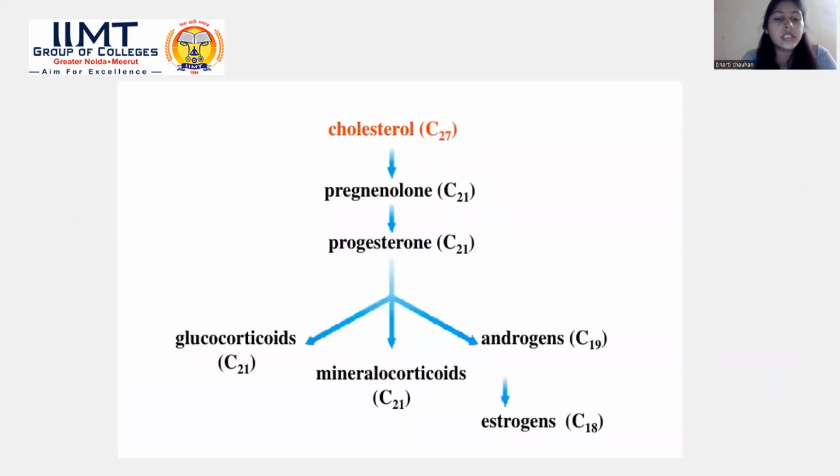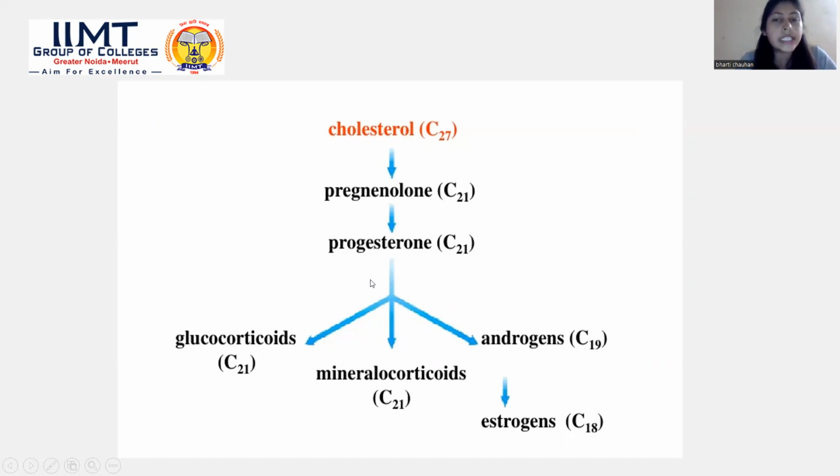Now, the steroid skeleton is synthesized from squalene. I've already told you this. The biosynthesis of steroids originates in cholesterol, C27, and includes gradual breakdown of the side chain. Pregnenolone is a metabolite of cholesterol. You can see pregnenolone here. The side chain is split at C20 via the enzyme P450 side chain cleavage monooxygenase. Next, it is converted to progesterone.